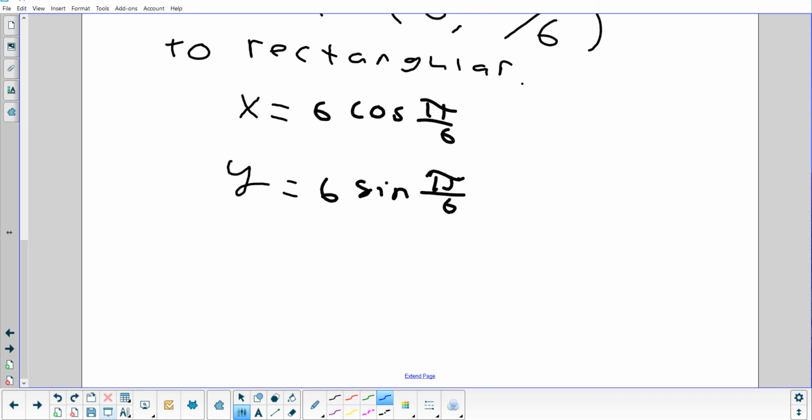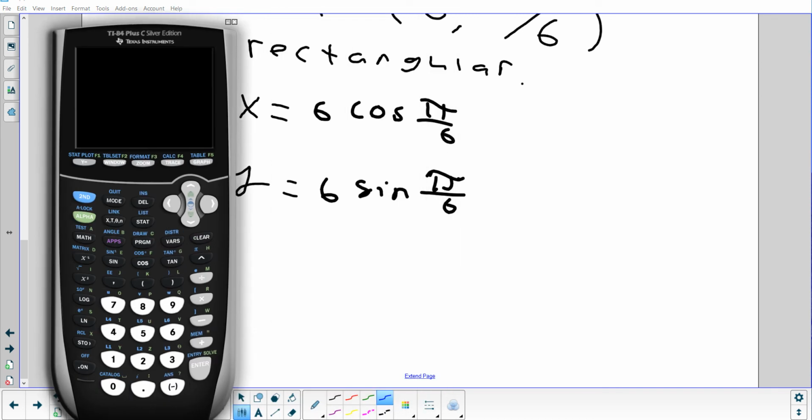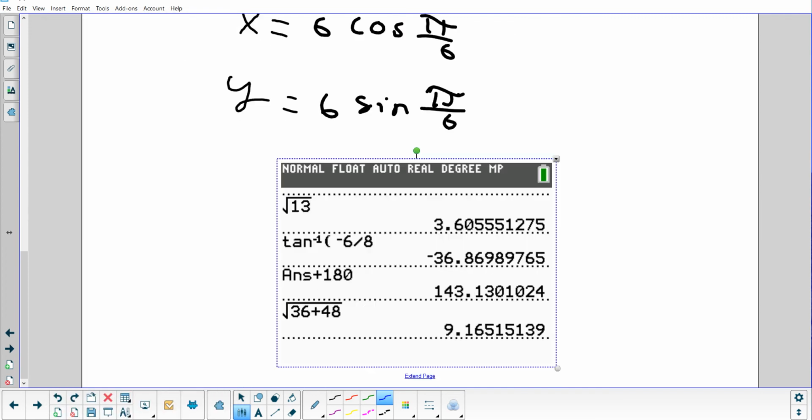All right, let's type it in and see what we get. The first thing I got to check on my calculator, if we're going to do this problem in radians, I can't be in degrees. If I want to do degrees, then I need to make the pi over 6 a 30. We talked about that earlier. I think it's better to just keep it as pi over 6.